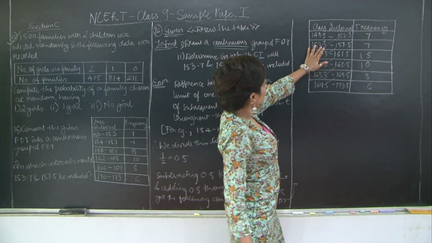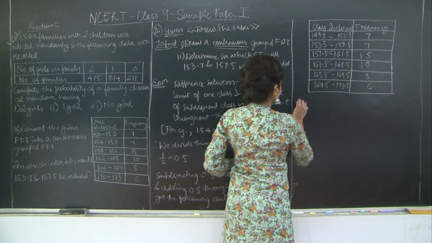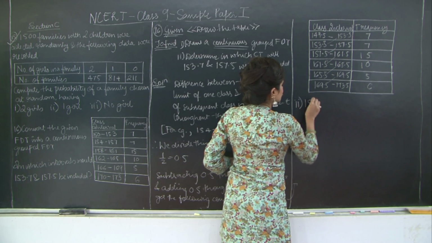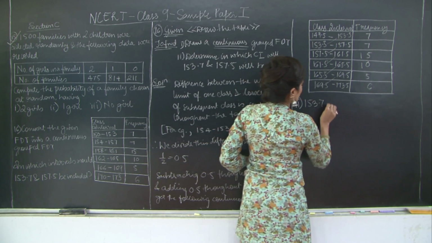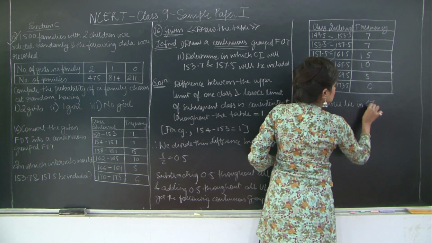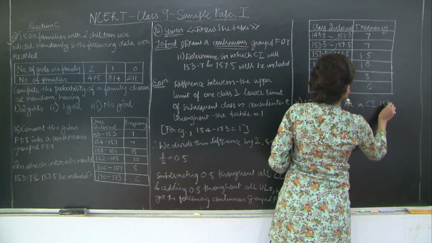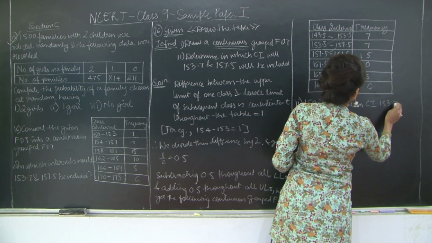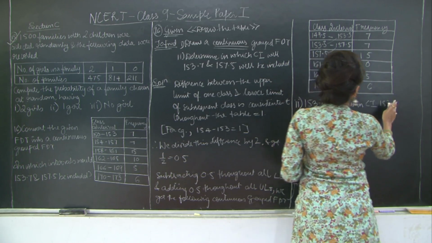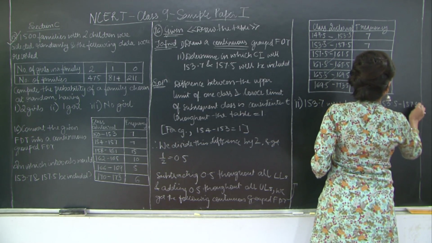153.7 will lie in this class out here. So the first one, 153.7 will lie in class interval 153.5 to 157.5.